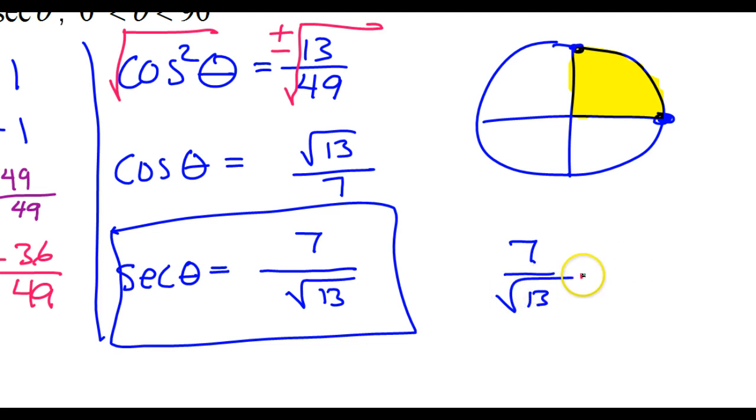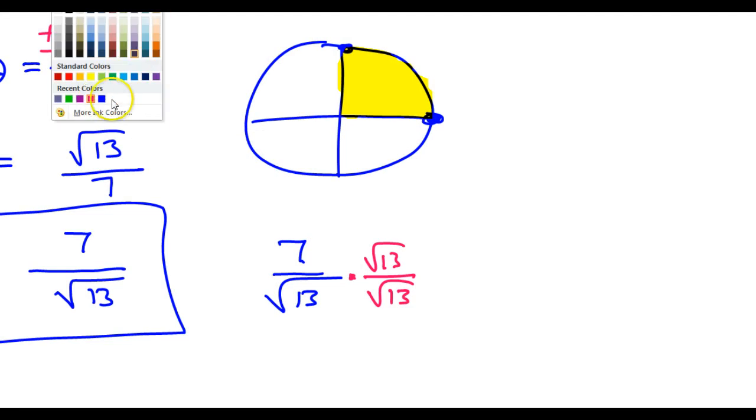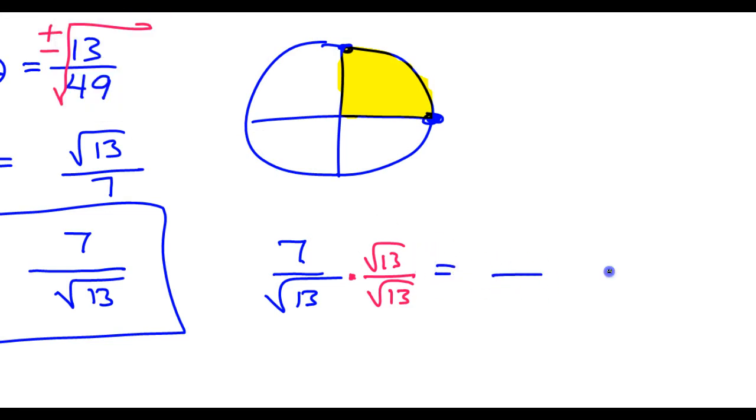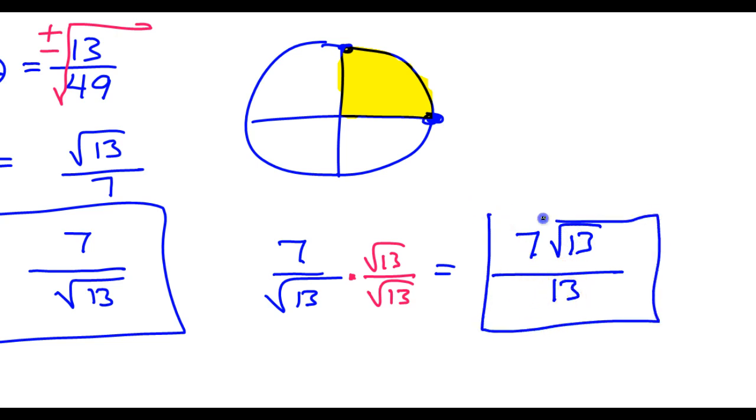Well, maybe you need to rationalize your denominator. So you can do that by multiplying the numerator and denominator by the radical. So that's going to make this 7 radical 13 over 13. Okay, so this is equivalent to that.